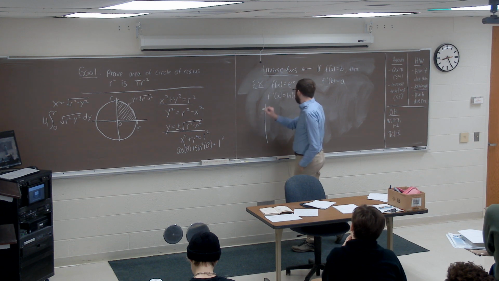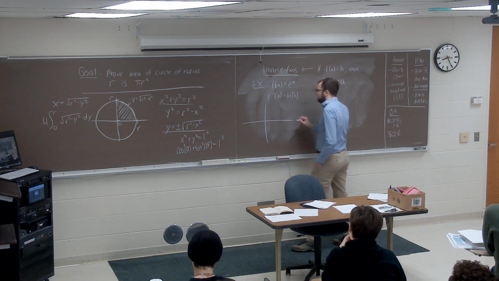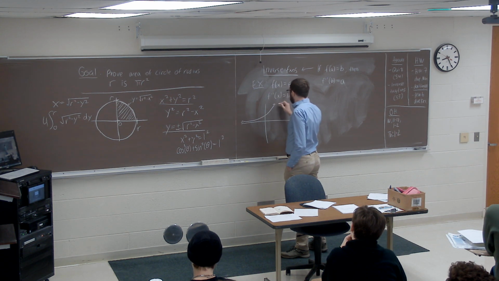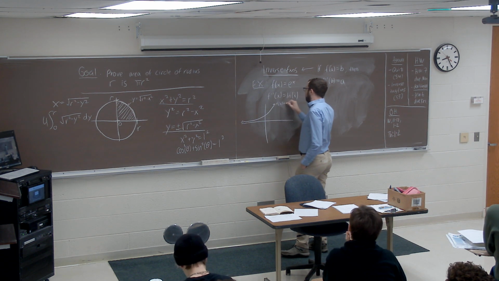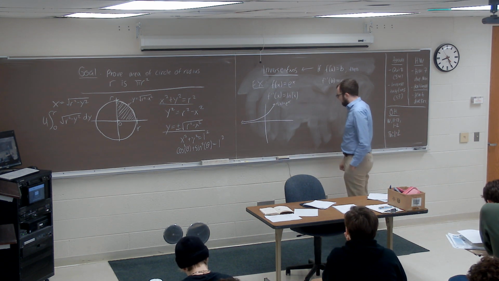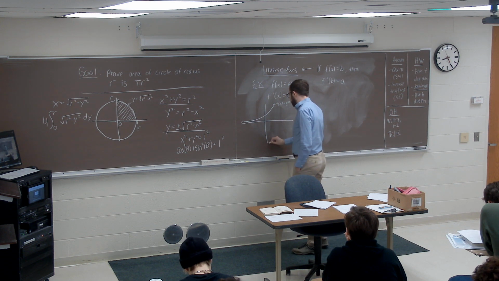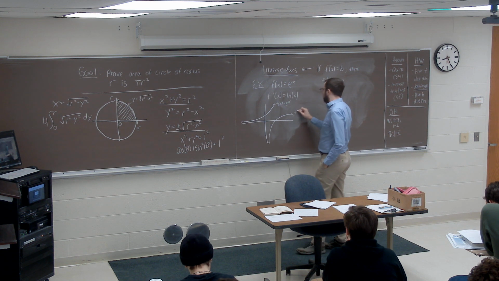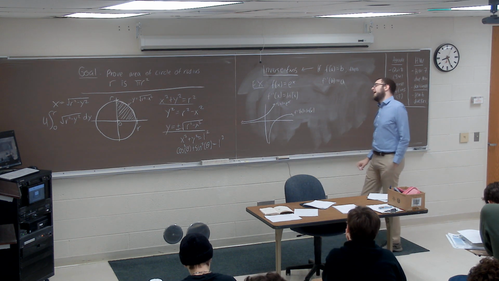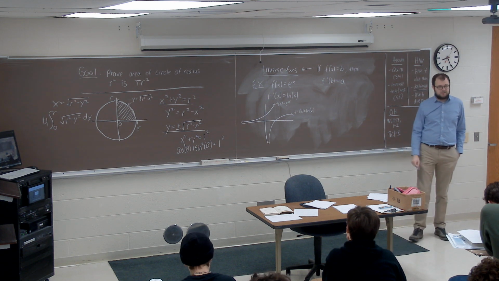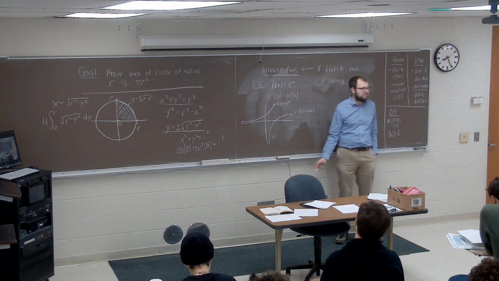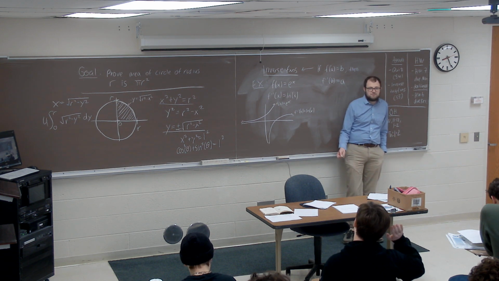So in the case of, say, e to the x and natural log of x, if we graphed out f of x equals e to the x, and its inverse function, f inverse of x equals natural log of x, what relationship did we say these graphs have to each other geometrically? Jonah?